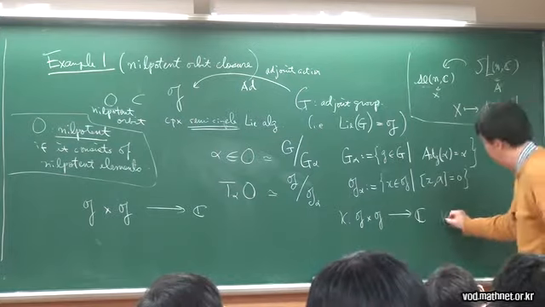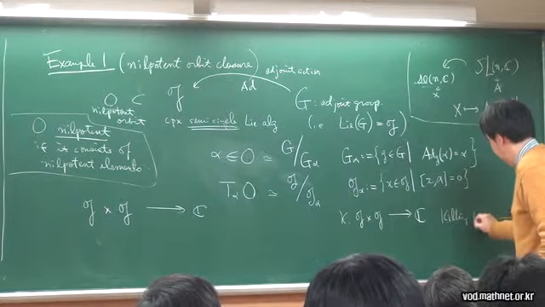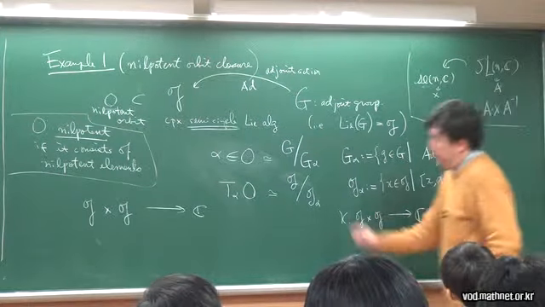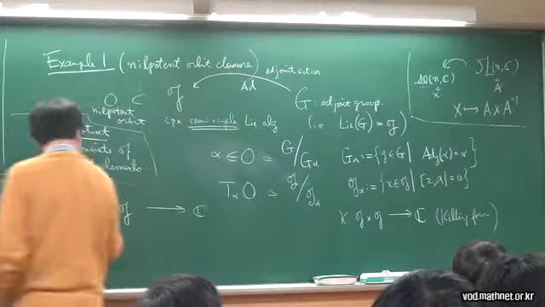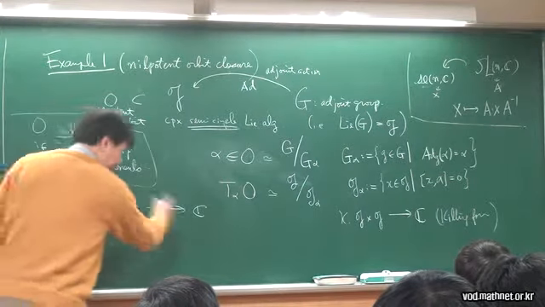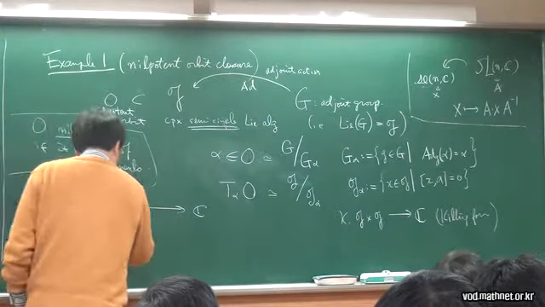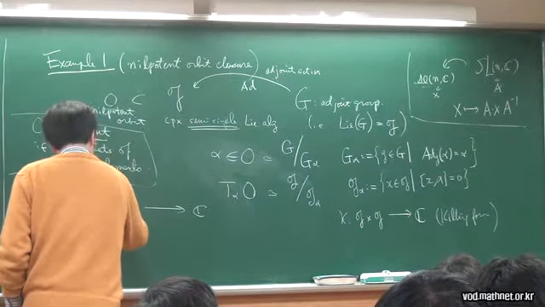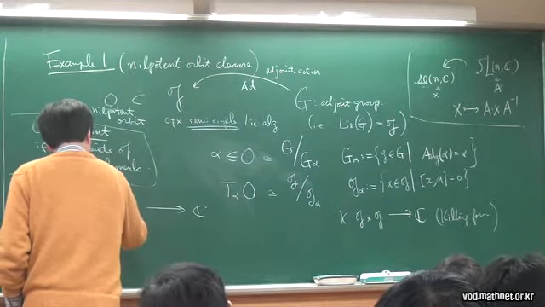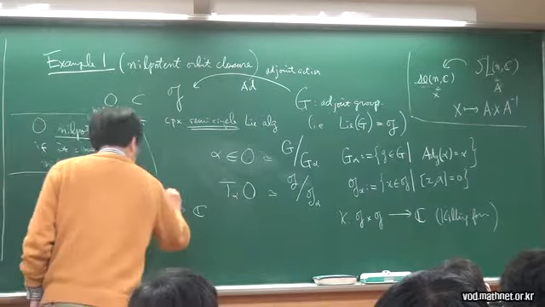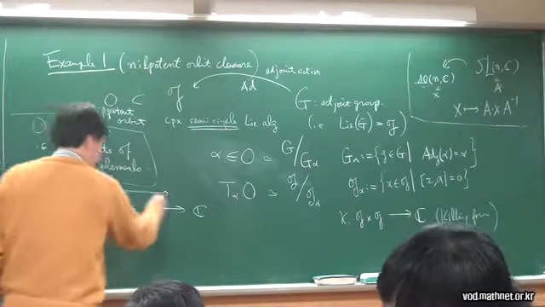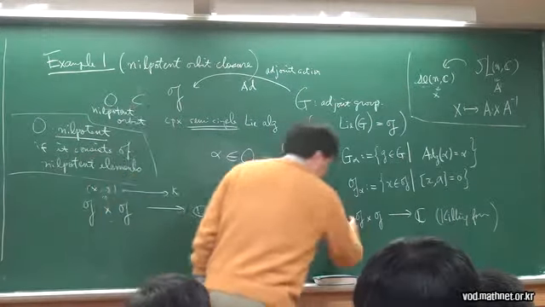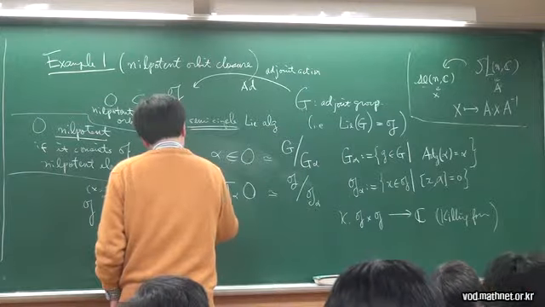Using this Killing form, I define the following bilinear map: if you take X, Y here, this map sends this pair to the Killing form of alpha with the bracket of X and Y.